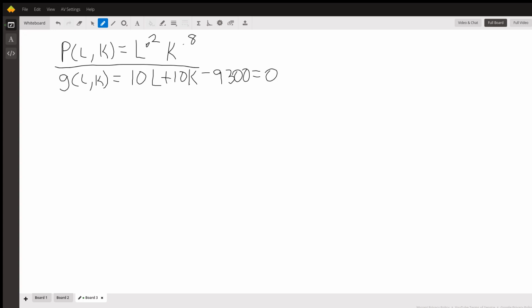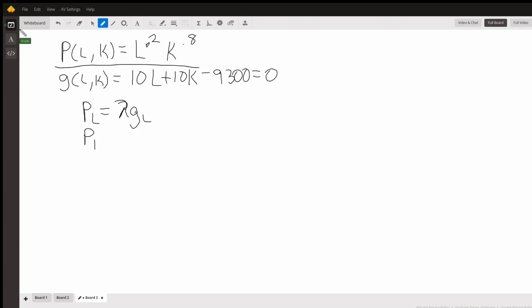So in order to do this, you're going to use Lagrange multipliers, and you're going to find P_L, the derivative of P with respect to L, and set that equal to some constant, we'll call it lambda, times G_L.